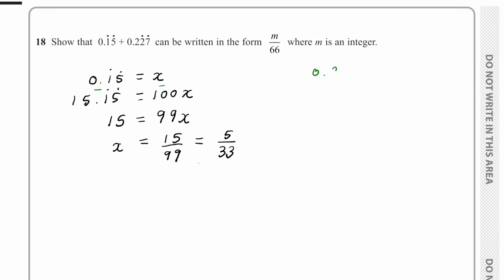The same for 0.227 recurring. I want two things that end in the 272727.